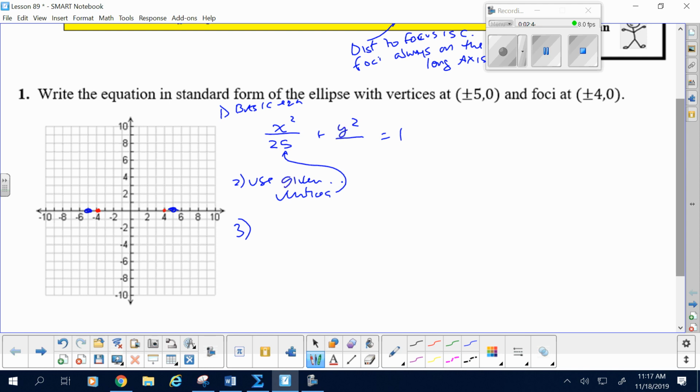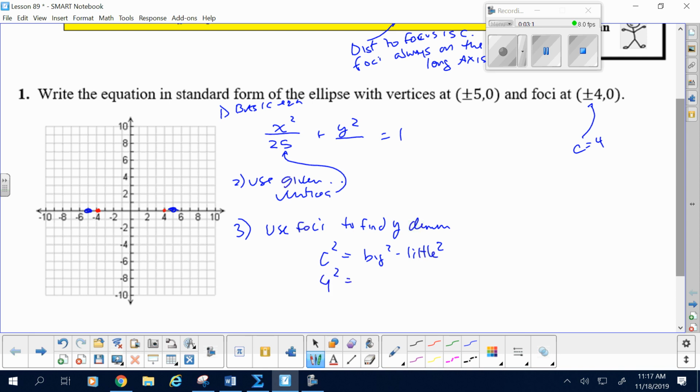That's where the foci come in. Use the foci to find the y denominator. The big idea we talked about is c squared is big squared minus little squared. Yeah? Okay? So what is c? c is 4. The distance to the focus is 4.